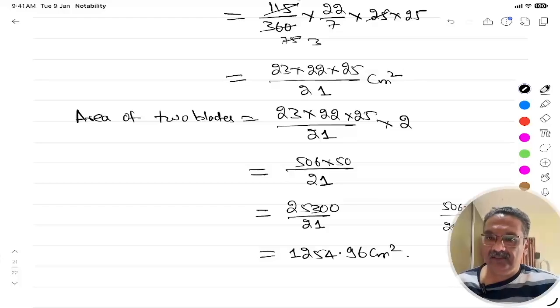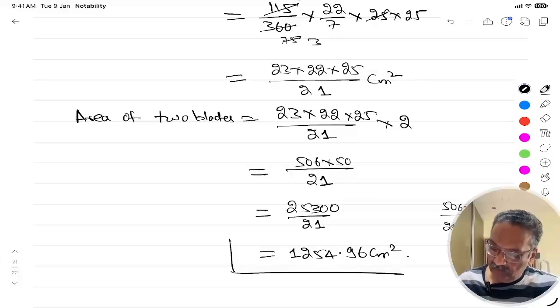Okay, all right. So this is the total area swept by two blades together.